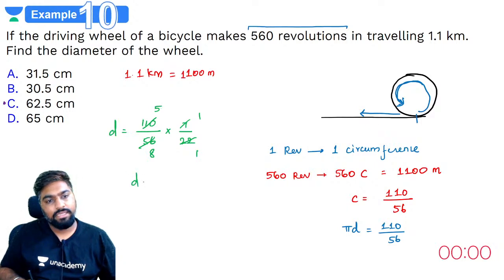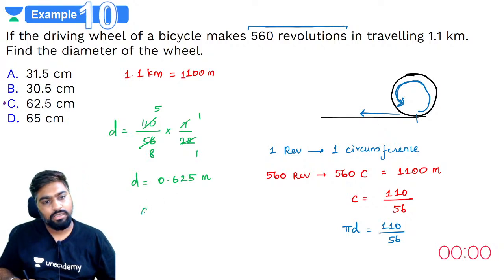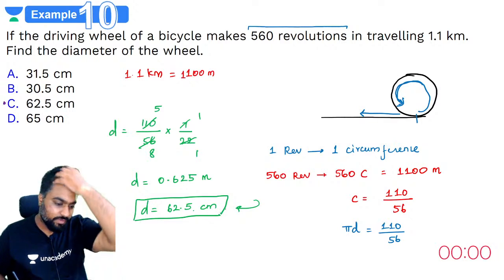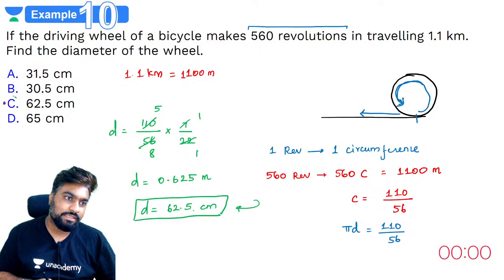So 5 by 8 is nothing but 0.625 meters. They want it in centimeter. 1 meter is 100 centimeters, so multiply it with 100. Diameter is what? 62.5 centimeters. Got it? Everyone understood? Option C, 62.5.